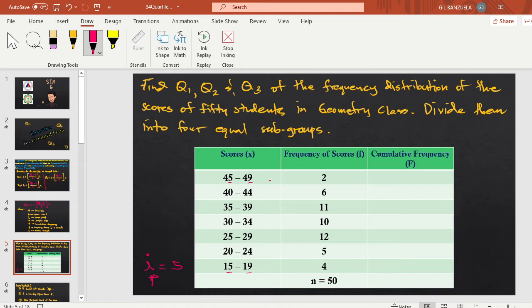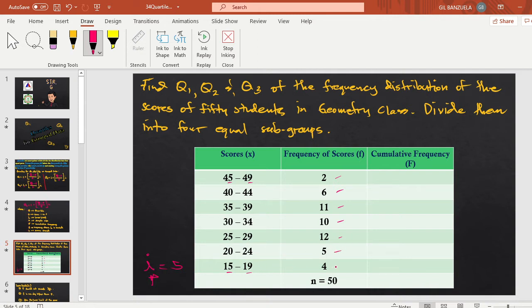So from 45 to 49 there are 2 students who got that. 40 to 44 there are 6 students. 35 to 39 there are 11 students who got those scores. 30 to 34, 10 students. 25 to 29, there are 12 students. 20 to 24, there are 5.